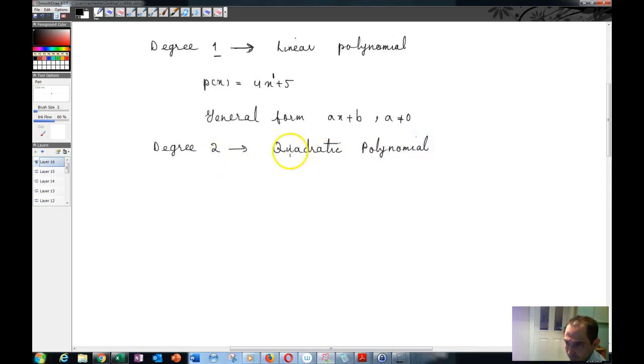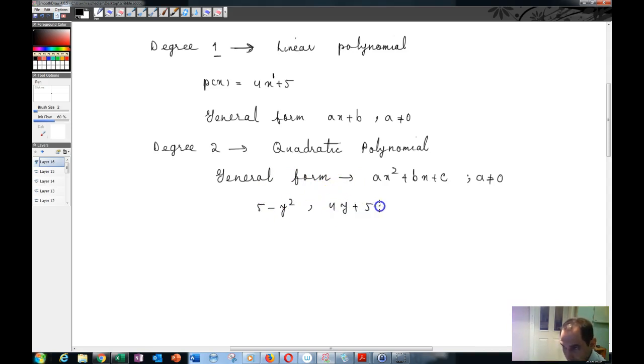The general form of these quadratic polynomials is ax squared plus bx plus c. Again, here a is not equal to 0, and as an example you can say, for example, 5 minus y squared, or 4y plus 5y squared, or you could have countless examples, of course.